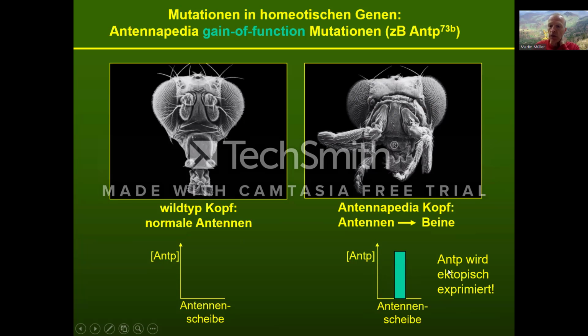We say Antennapedia is ectopically expressed because it's now present in cells where it normally is not, and as a consequence the antennae are turned into legs, and it's a T2 leg because Antennapedia determines the identity of the second thoracic segment. So this is an example of an ectopic gain-of-function mutation.